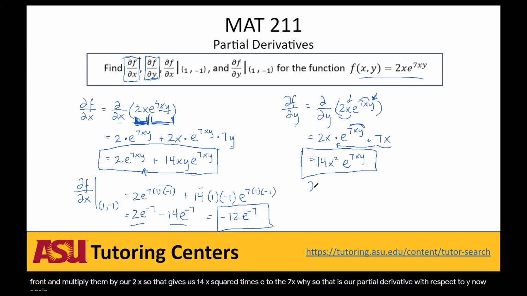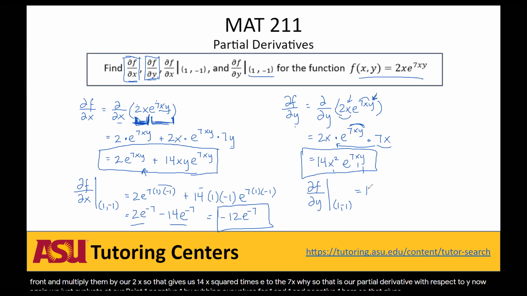Now again, we just evaluate at our point (1, -1), by subbing our values for 1 and -1 here.